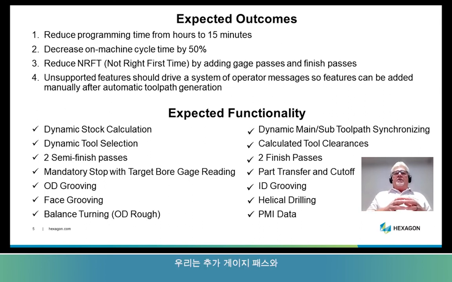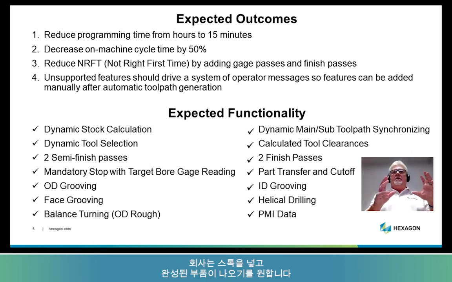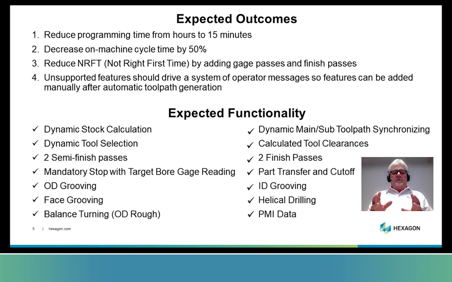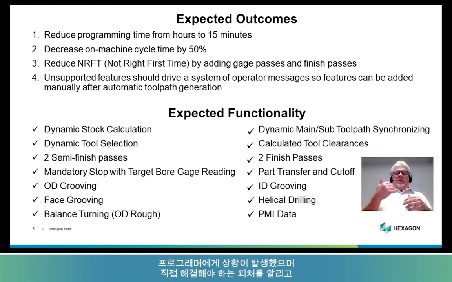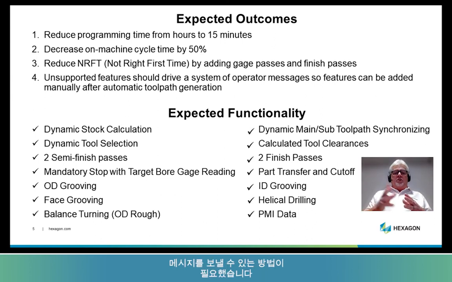And we're going to accomplish this by adding additional gauge passes, spring passes, and finishing passes. They want to put the stock in and take a finished part out. And for any unsupported features, new things that engineering introduces, we needed a way to notify and message the programmer that there are features they had to address manually.